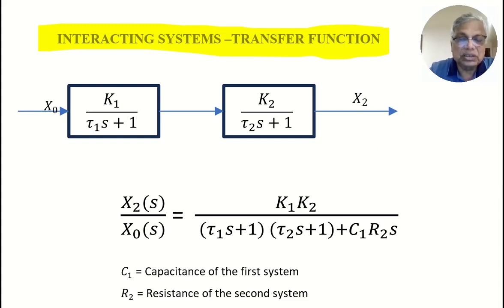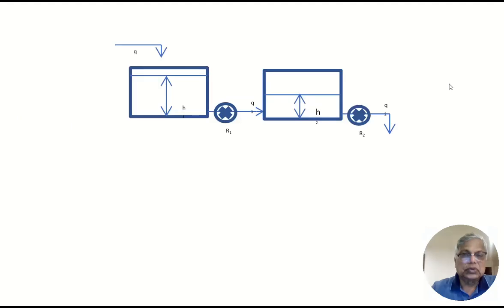Before that, let us take the usual example of two tanks in series. We'll take the example of two interacting tanks in series. This is a figure for two interacting tanks, only the subscripts are missing. This is H2, this height is H2, and this is Q2.